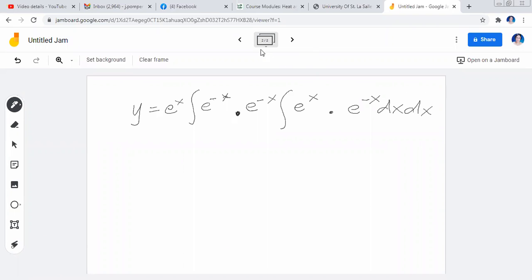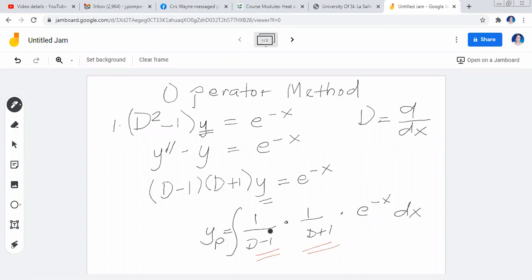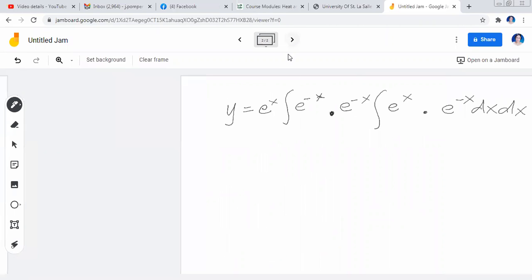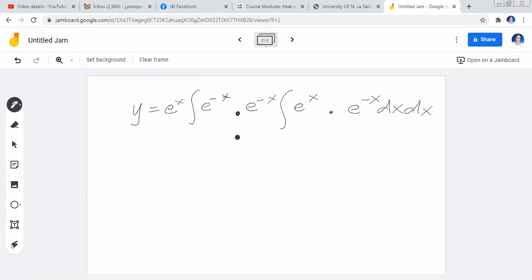If you notice class, here you have a minus 1, a D minus 1. How will you use a minus 1 here in the D when you write your integral later on? The minus 1 there is this minus 1 that you are seeing here.